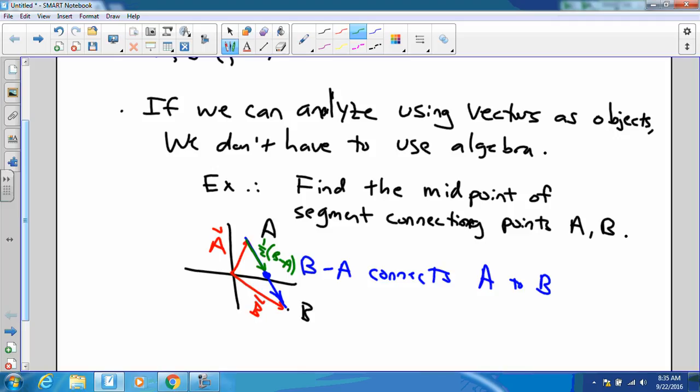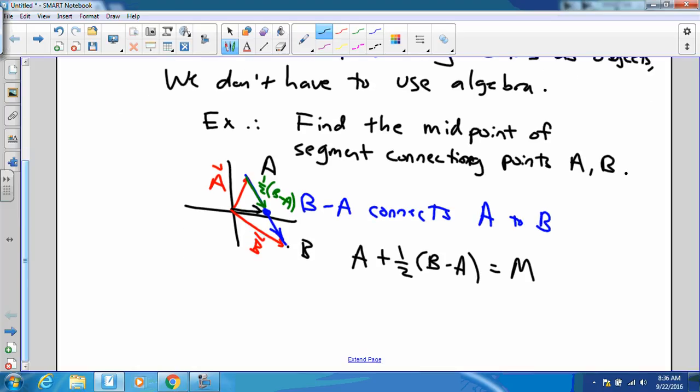And look, the red vector A and the vector 1/2 of B minus A are arranged head to tail, and therefore the vector that connects straight across is equal to A plus a half of B minus A. That's our solution, M, the midpoint that we're looking for.